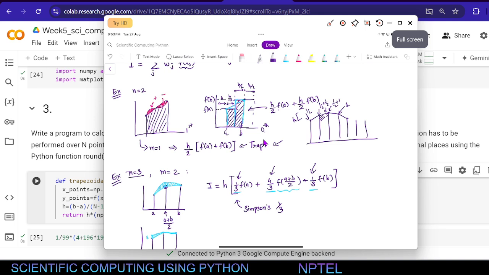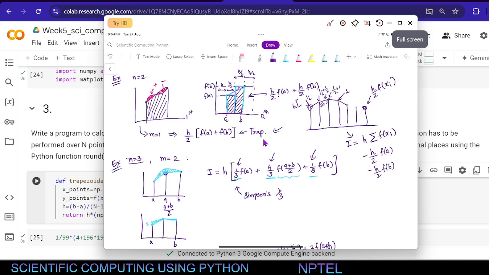Okay. So our integral is going to be h times the sum over f of xi, right? But these 2 points, the first one and the last one, will have only a contribution of h by 2 times f of xi. So we need to subtract the extra half that we added by mistake. So h by 2 f of a and minus h by 2 f of b.